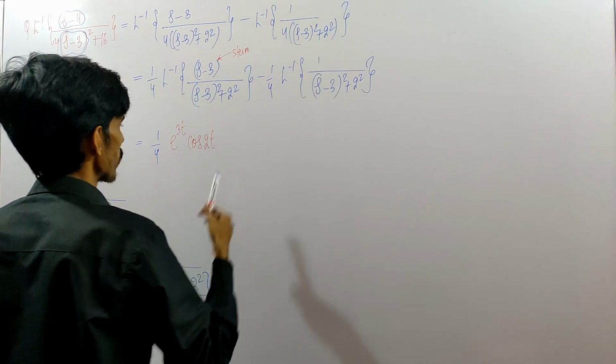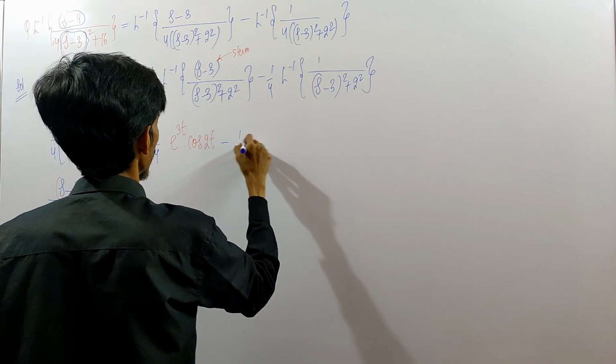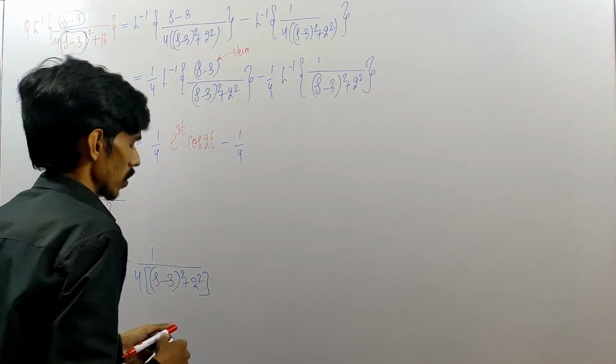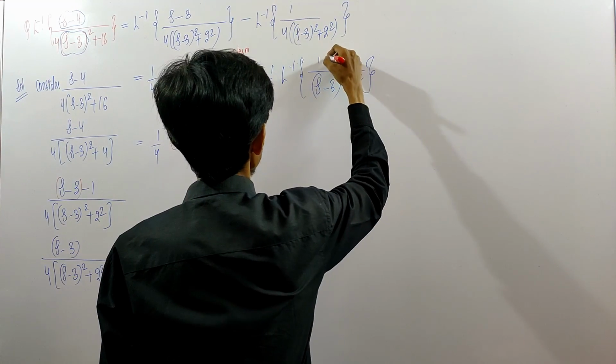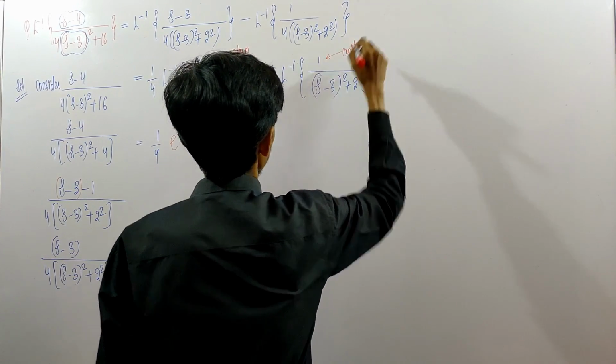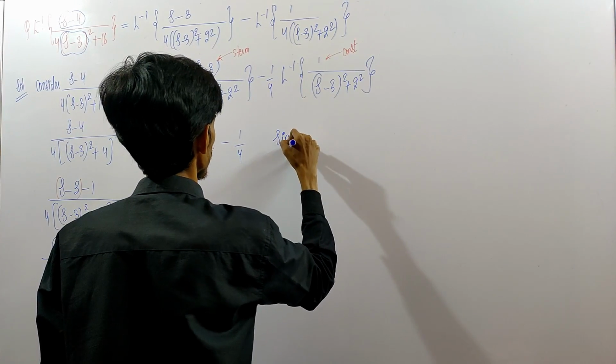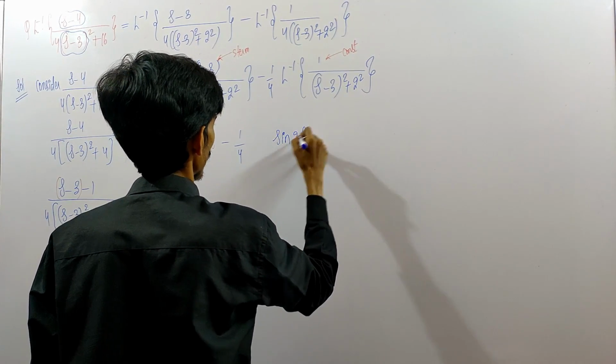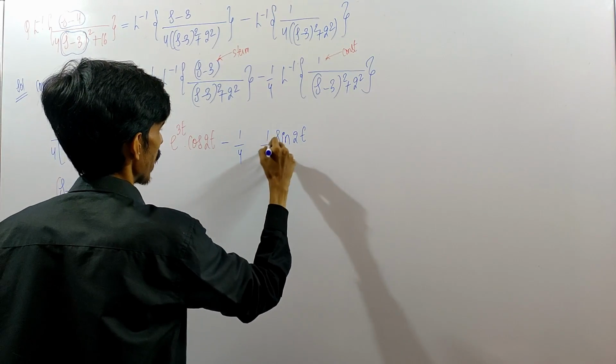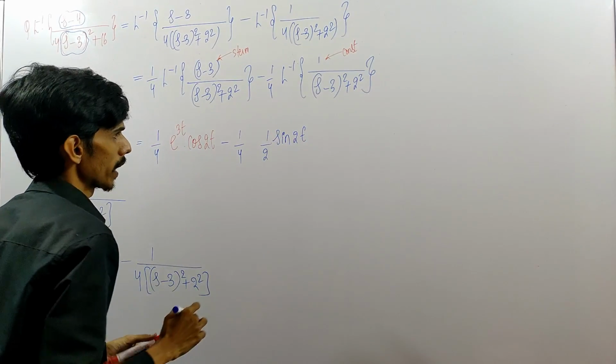Here we have minus 1 by 4. Here we have the constant 1, so this transforms into sine 2t, multiplied by 1 by a, that is 1 by 2.